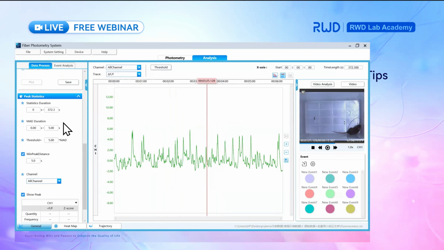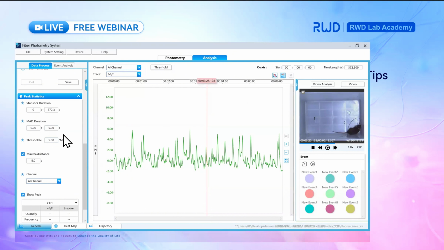You can define the statistic duration, the MAD duration, and the amplitude threshold. Here, the MAD means median absolute deviation. In simple terms, the software uses a median-based baseline, and only signals above the selected threshold are identified as peaks.